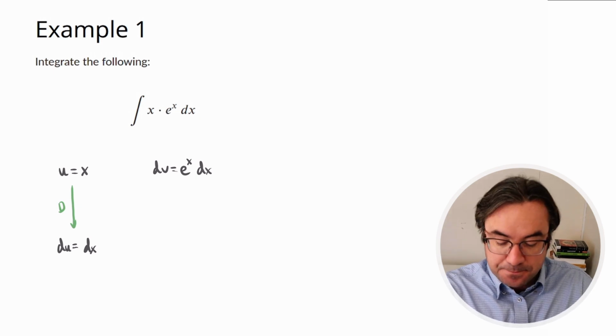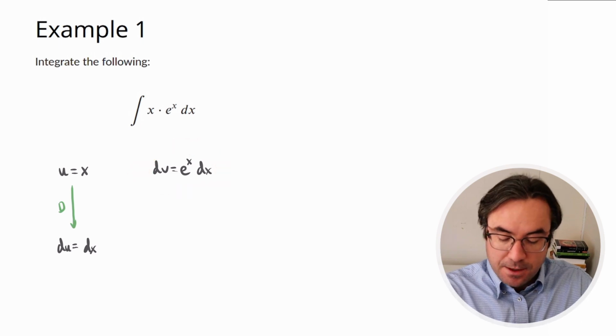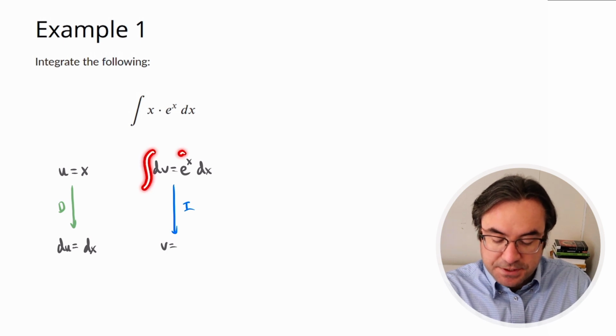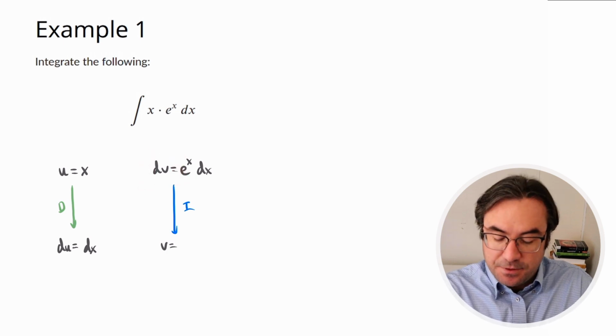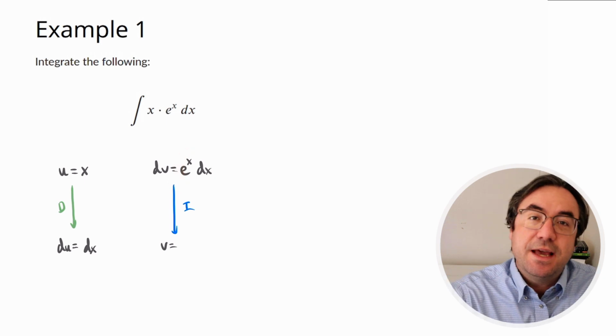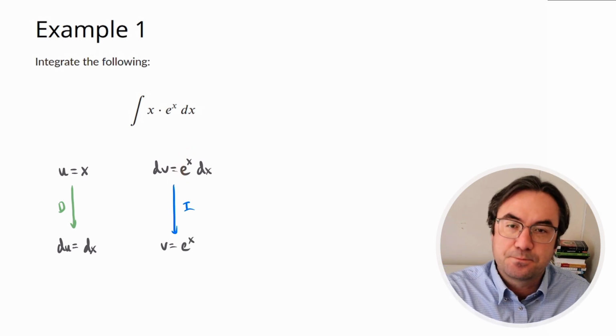And then we want to integrate here. So we're going to integrate this to get v. All right, so if we integrate both sides of this equation, the integral of dv is just v. And then the integral of e to the x, nice and easy, is e to the x.